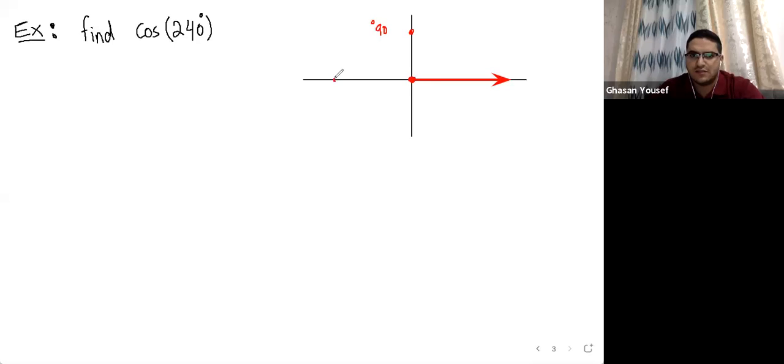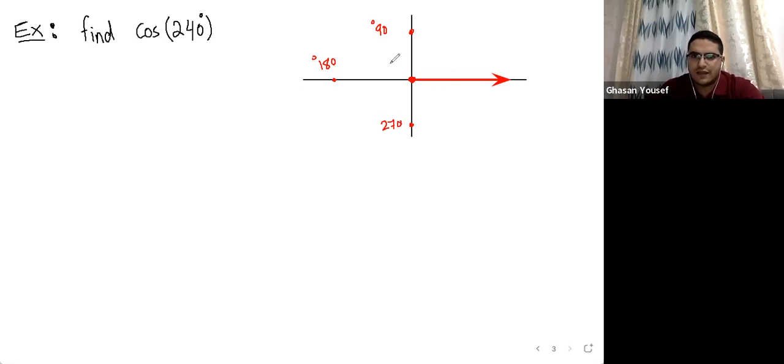This point here is 180 degrees, and again, 240 is greater than 180. And this angle here, if you move like this, is 270.